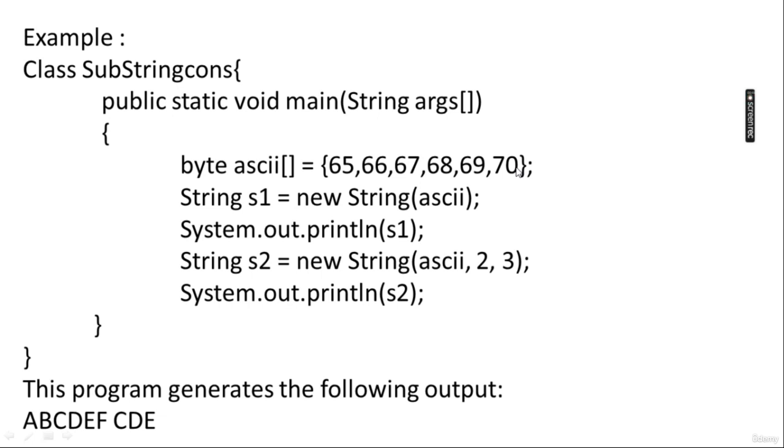In this case, 65 relates to capital A, 66 relates to capital B. You can find this in the ASCII table. So I'm creating the ASCII set over here, and I'm creating the string object and System.out.println s1.